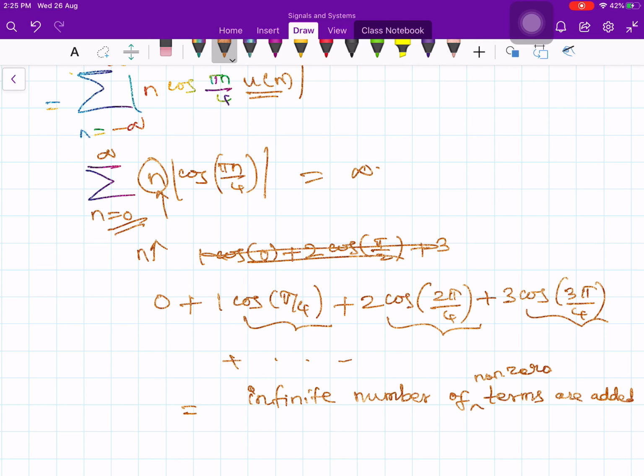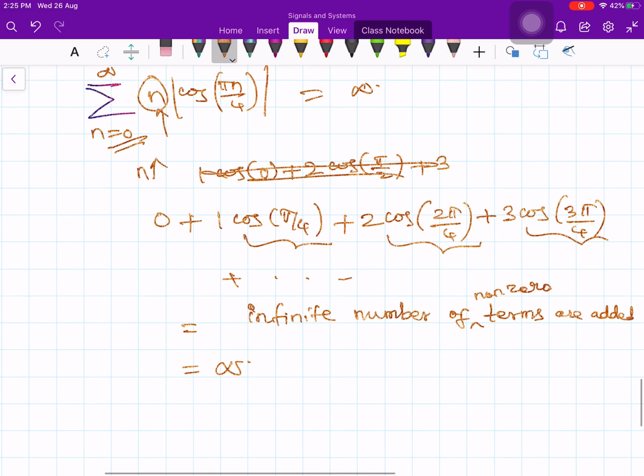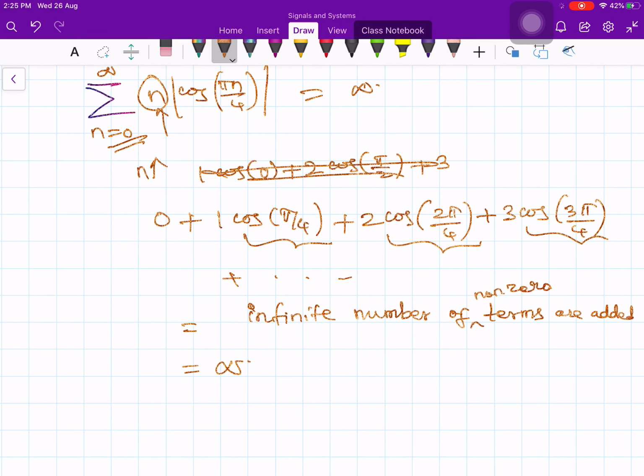Hence this h3 of n cannot be the impulse response of a stable LTI system.